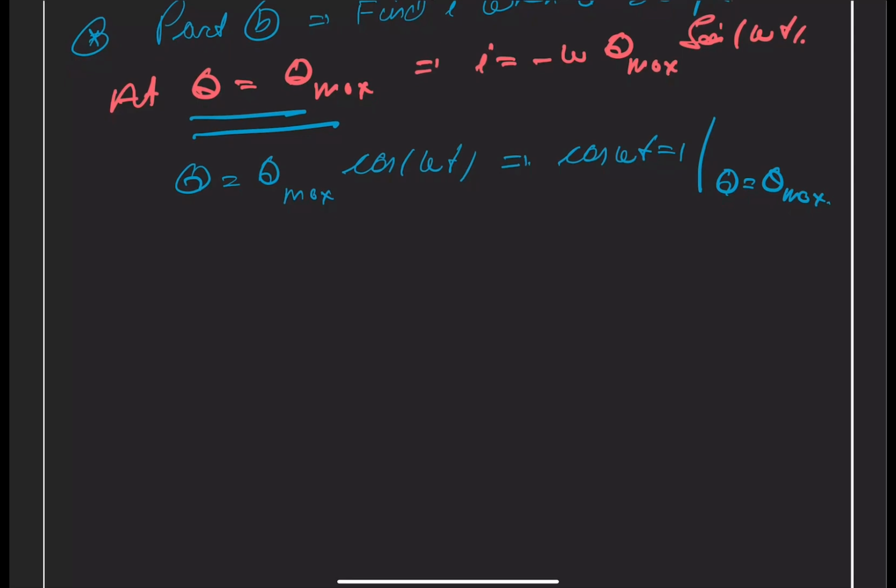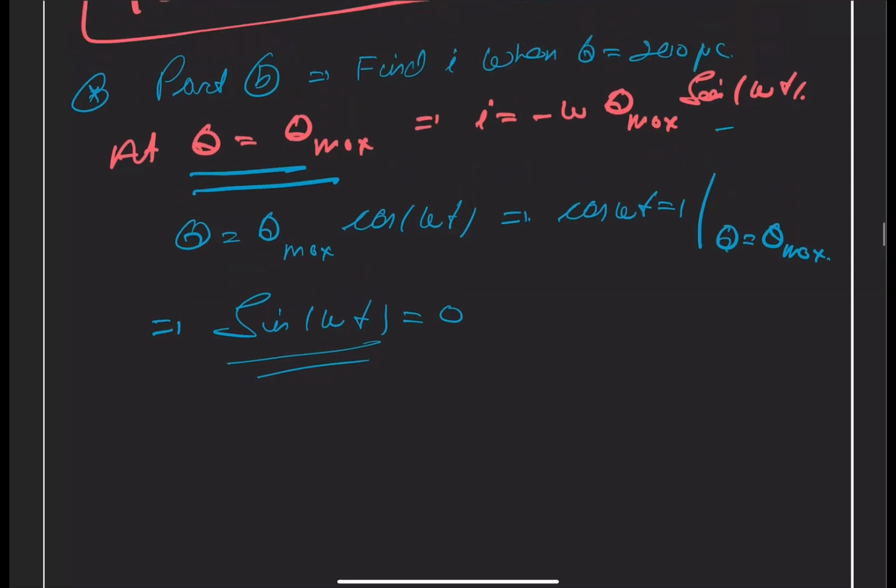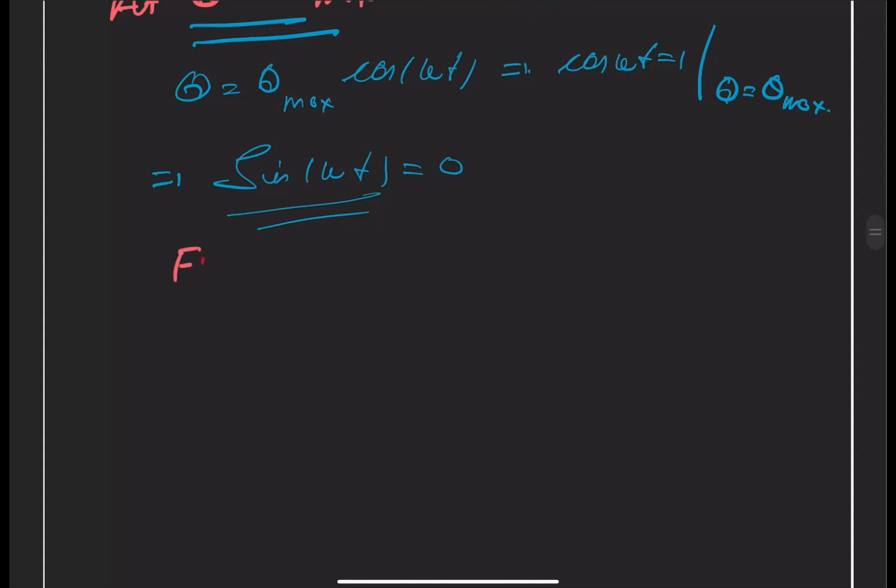Which also means that sine omega t will be equal to 0. Let us call this equation number 2. We can say from equation 2, the value of the current will be equal to 0 amperes.